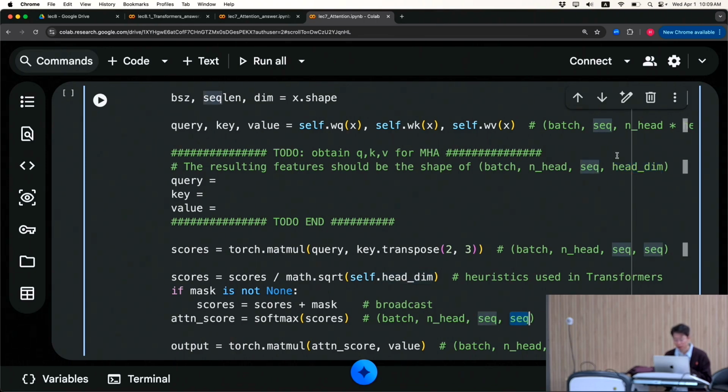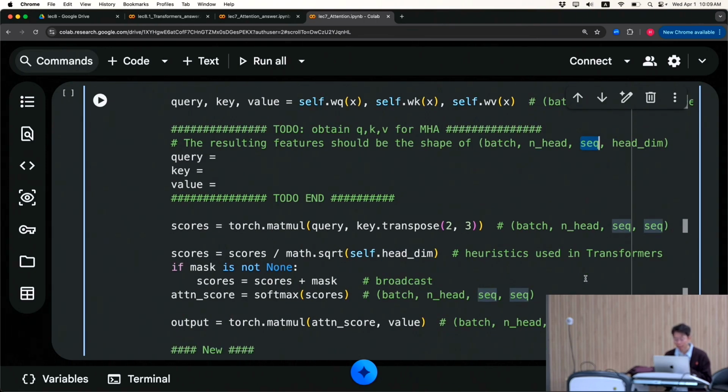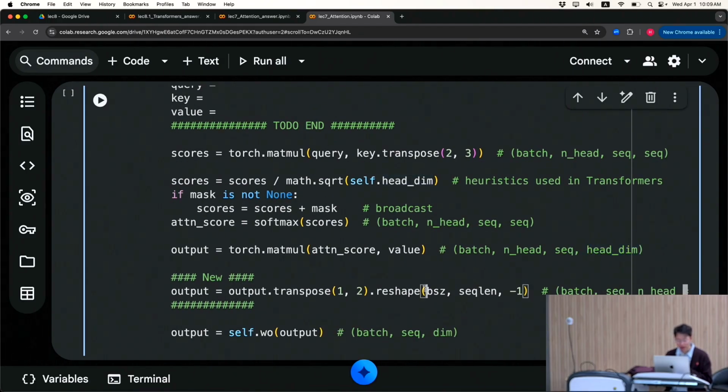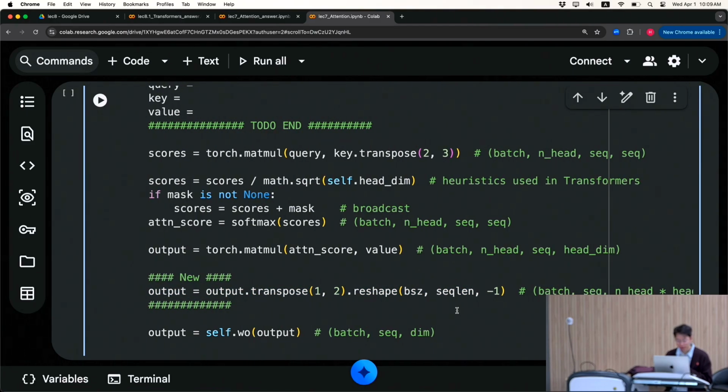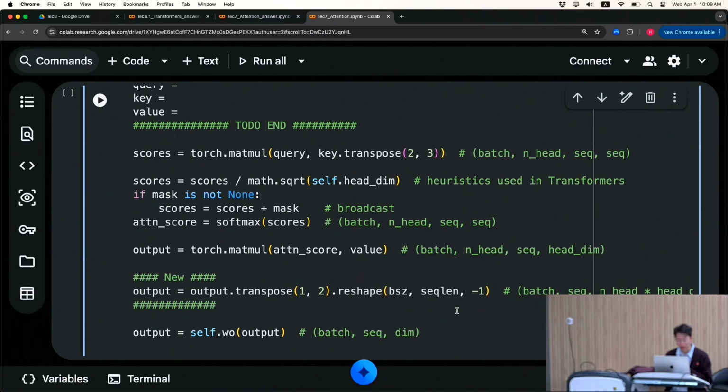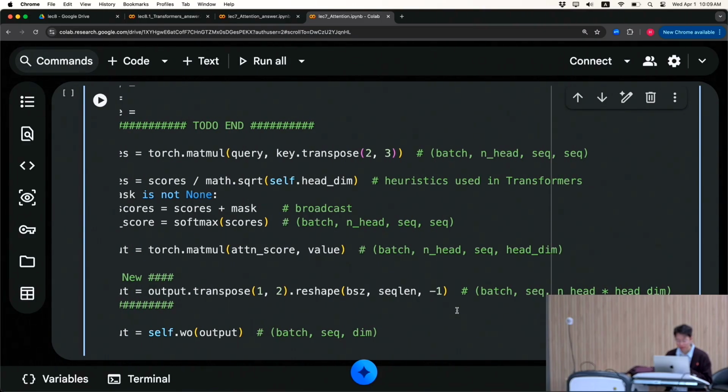So output is batch size, number of heads, sequence, head dimension, and the newly added portion is this part. We need to get the output of size batch size, sequence, number of heads times head dimension.